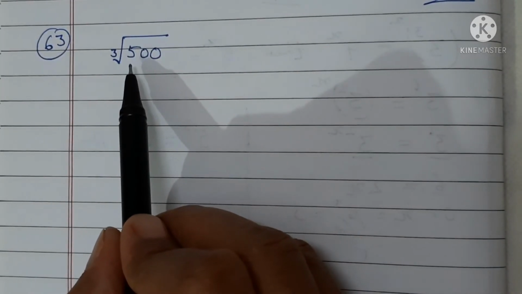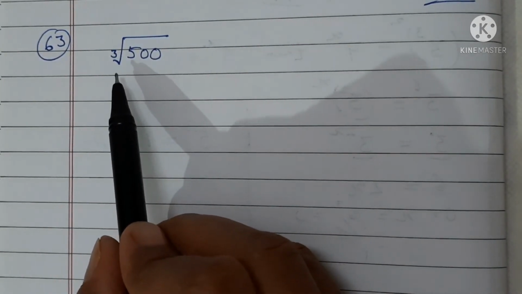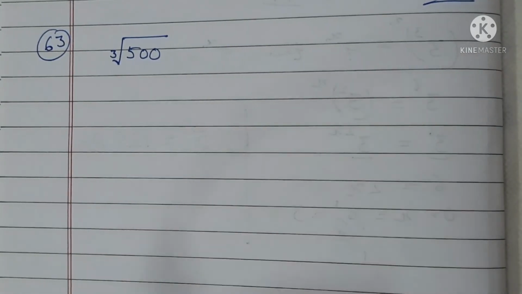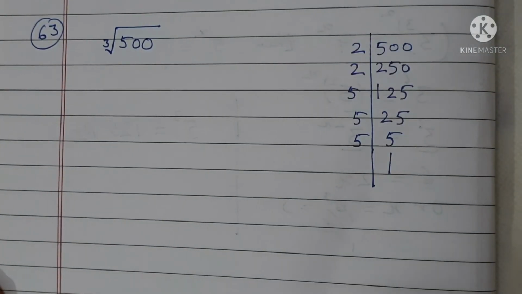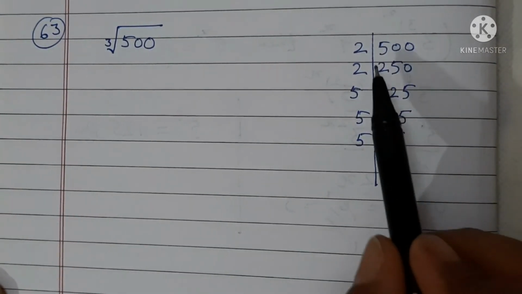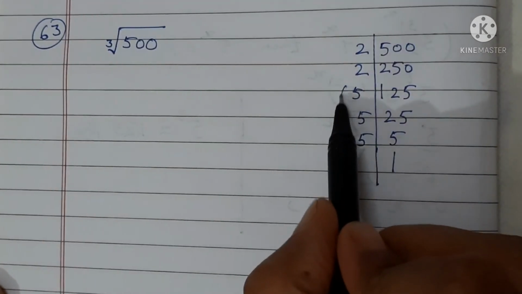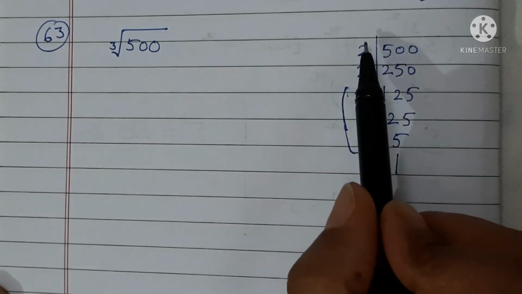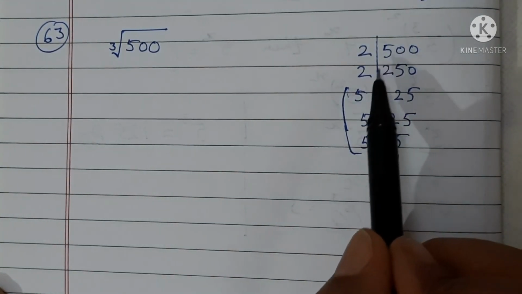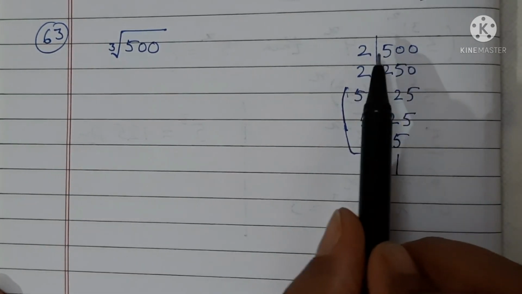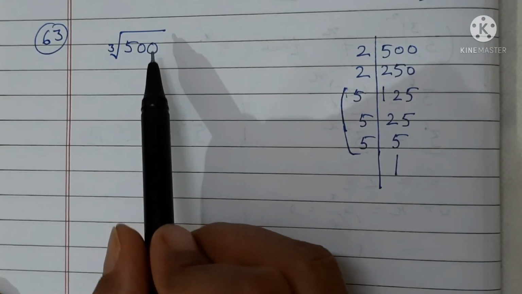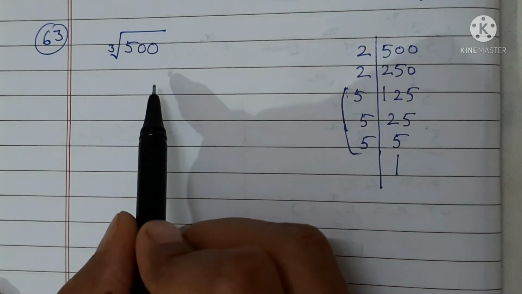For rationalization, we have to make it a rational number. Now, these are the prime factors of 500. Here is one triplet, and a number 2 is less to make it a triplet. So this 500 will be multiplied by 2 to make it a perfect cube.